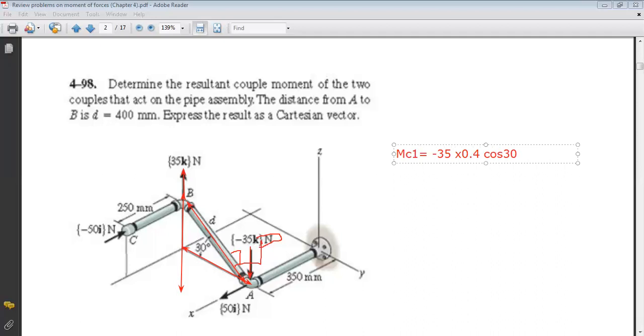Now, if I didn't pay attention to use the right-hand rule method, I can use simply the vectorial method. Okay? If I want to use here the vectorial method, what can I do? Which vectors will I choose? We choose vector AB.